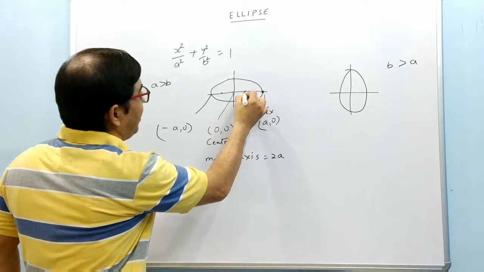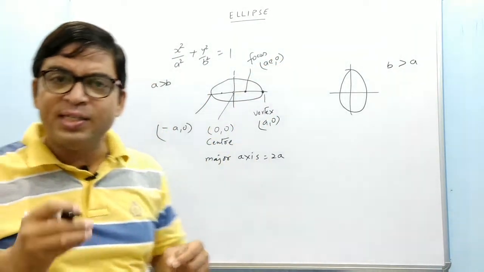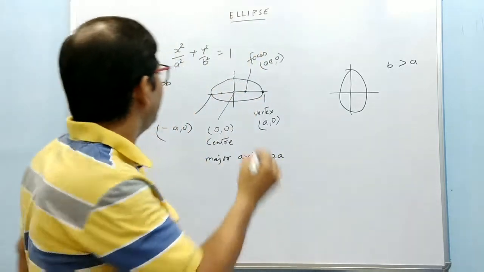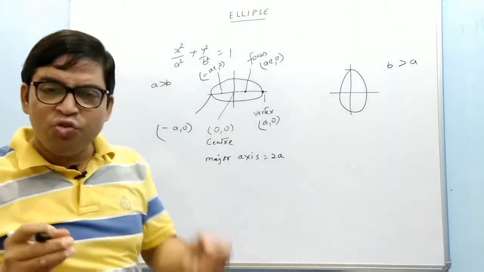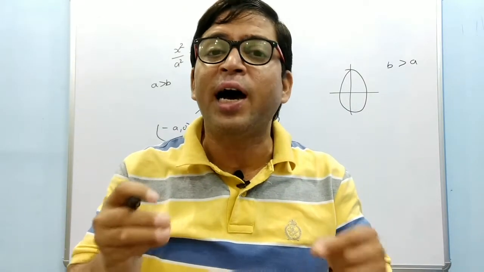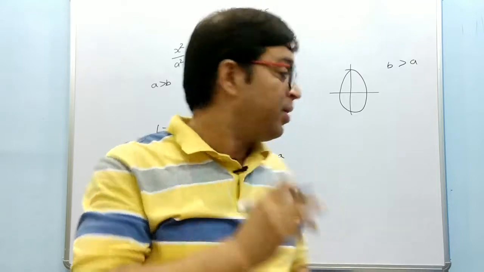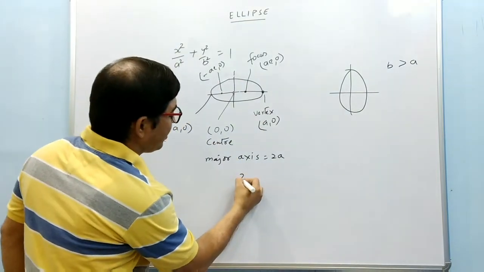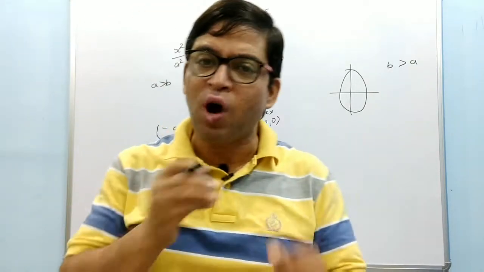Focus is here (ae, 0), and another focus is (minus ae, 0). The distance between two foci is all the time 2ae for a horizontal ellipse. You just remember these things.